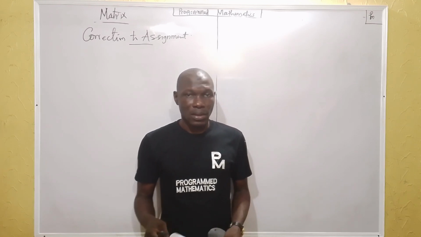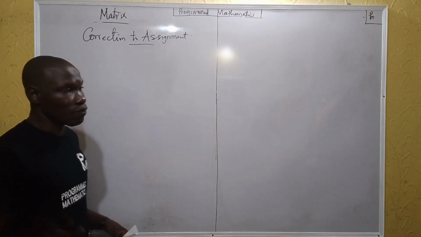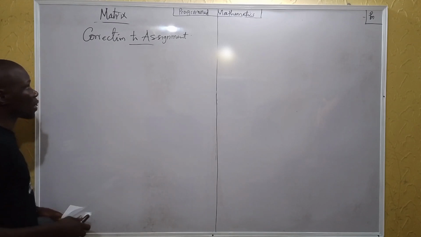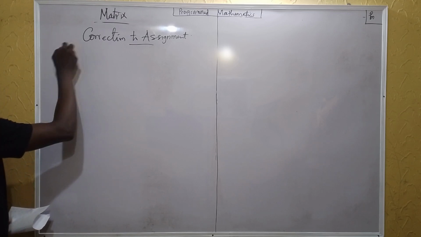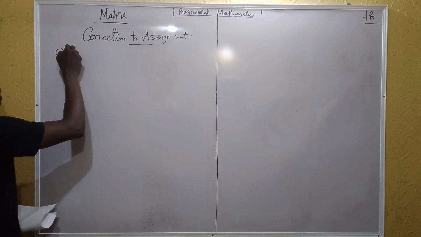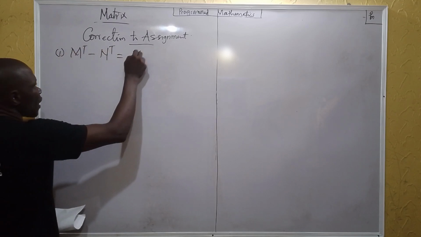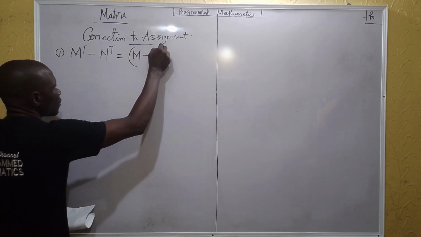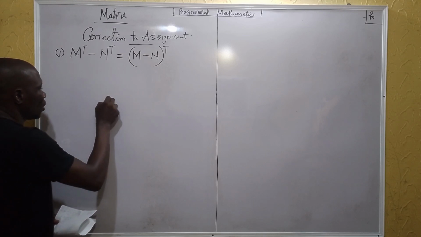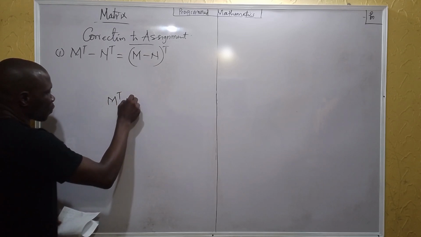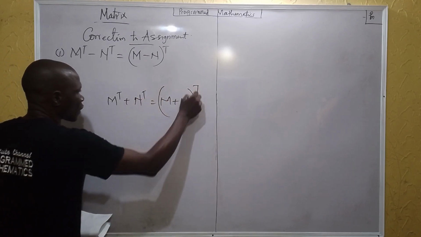Okay, so now in the last class, when I explained the subtraction of matrices, I gave two questions to practice. The first one says we should show whether or not M transpose minus N transpose is the same as M minus N transpose. Because under the addition, I gave you something of that nature, that M transpose plus N transpose is the same thing as M plus N transpose.